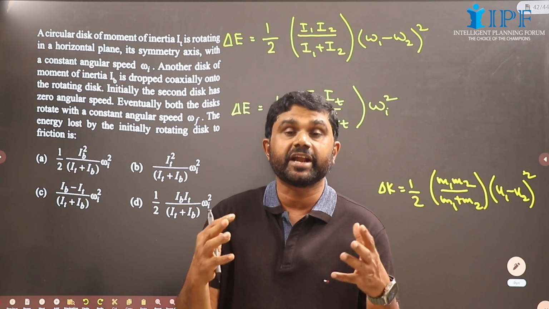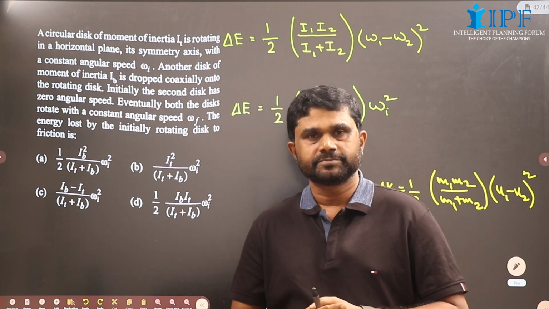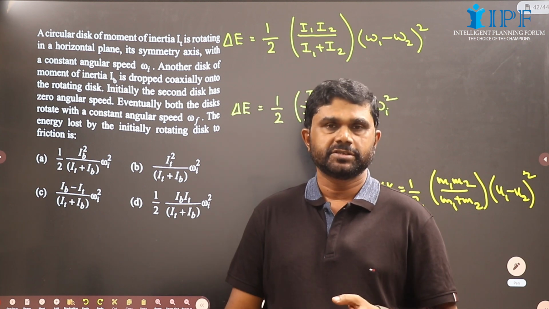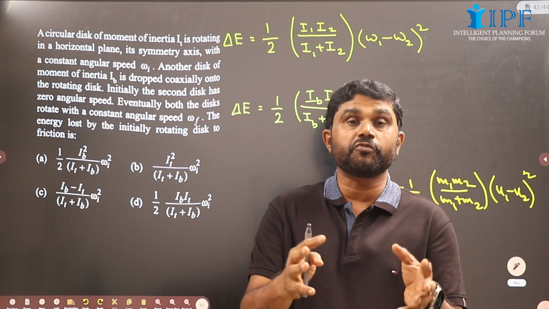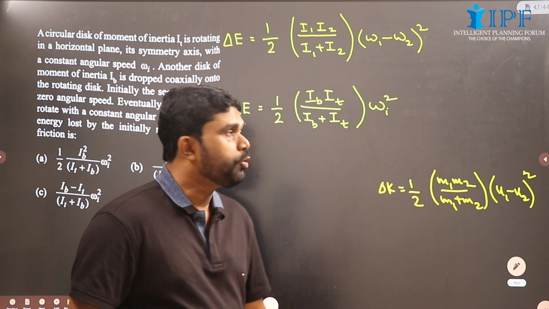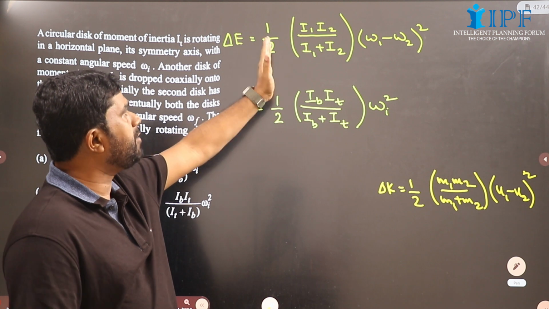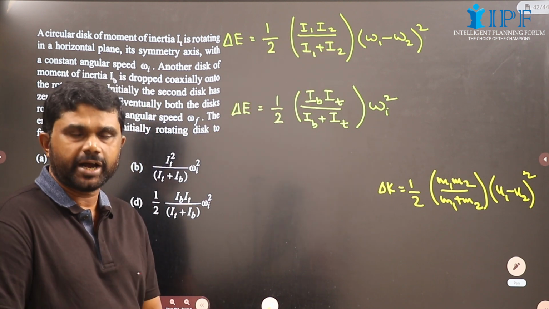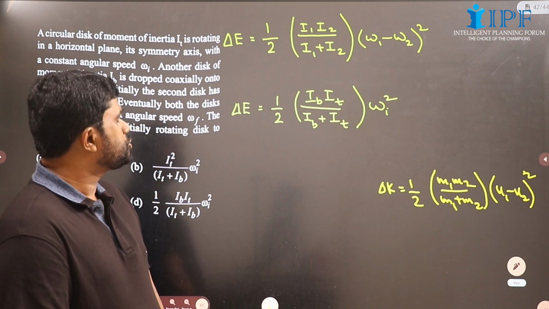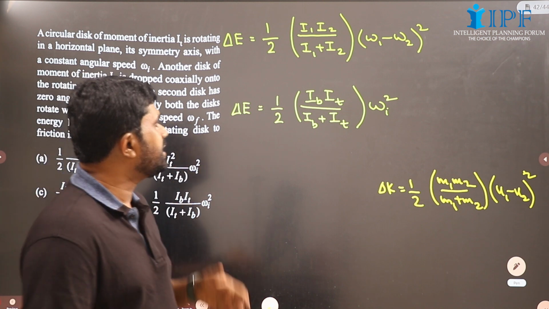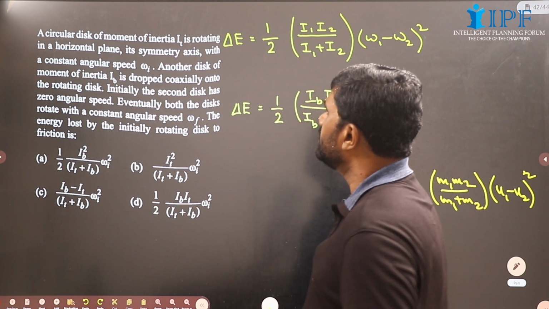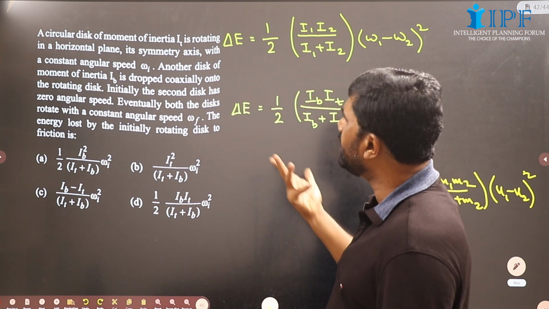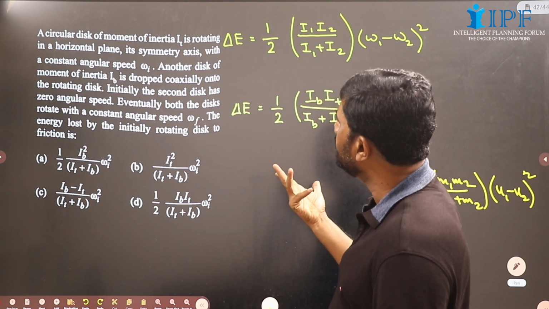After some time they will attain a common angular velocity. There will be some energy loss, and that energy loss also has the same form. It is given by half times I1 I2 by I1 plus I2, times omega 1 minus omega 2 whole square.